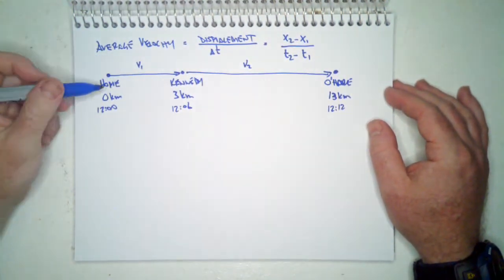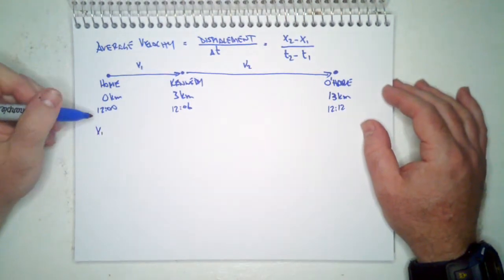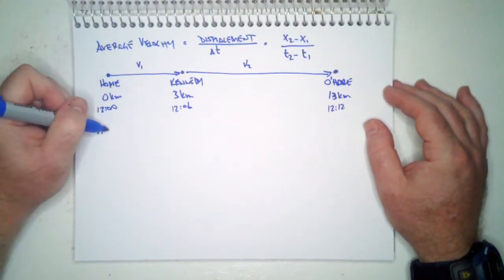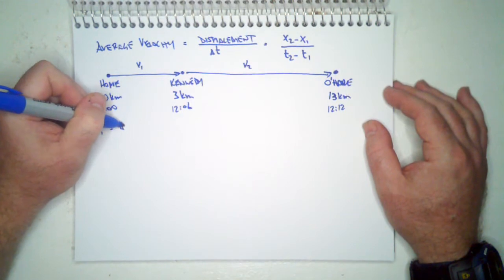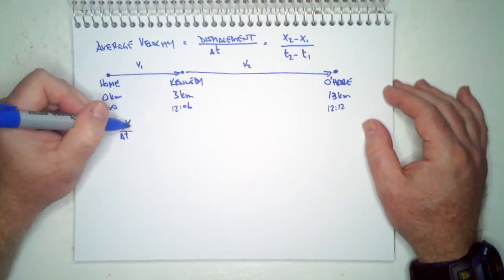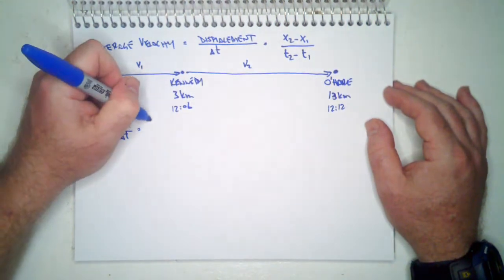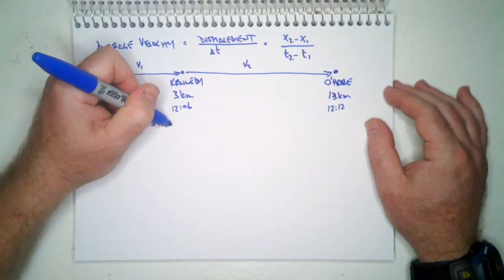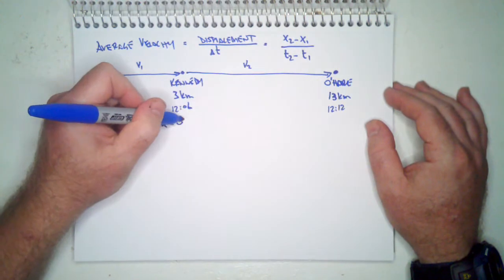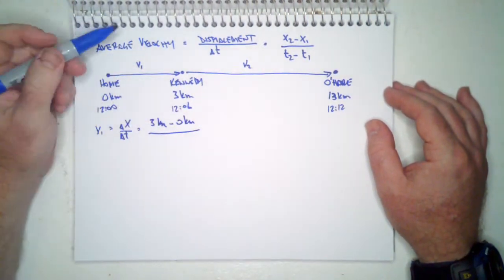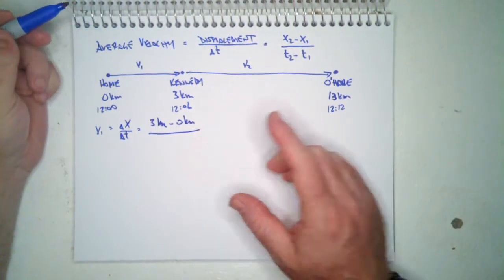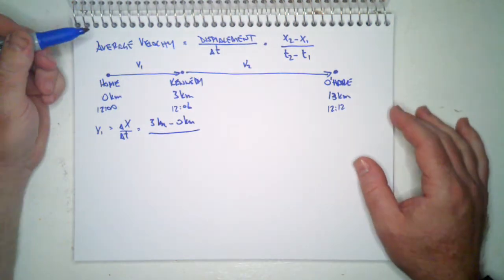So the average velocity that you used to get from home to the Kennedy was delta x over delta t, which equals where we ended up, which is 3 kilometers, minus where we started, 0 kilometers, and it took 6 minutes or 1/10 of an hour to do that.